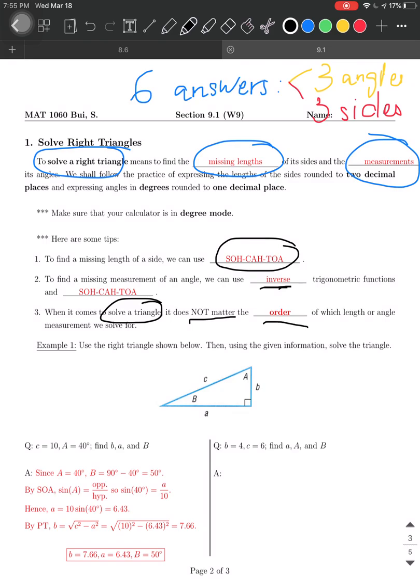For example, if you're missing A, B, C all together at once, you don't have to go in alphabetical order. You can solve for C first, then A, and then B last. You don't have to go in any order. As long as you can solve for whichever one of them, go for it first. Do the easy one first, and then do the harder one later.